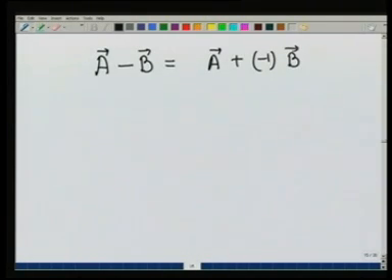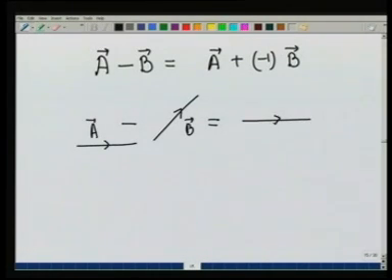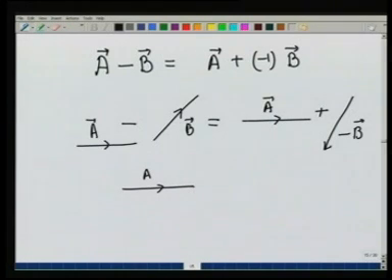So, what do we do? We take vector a and I want to subtract b from it. This would be the same as taking a and adding minus b to it. So, a minus b would be this. This would give me a minus b.